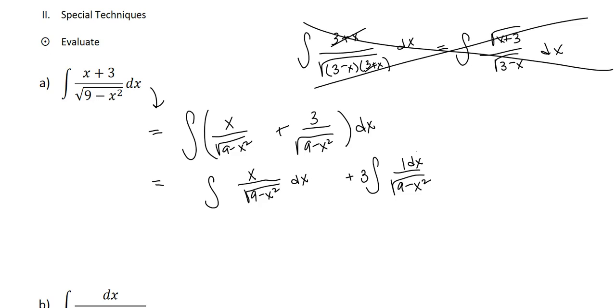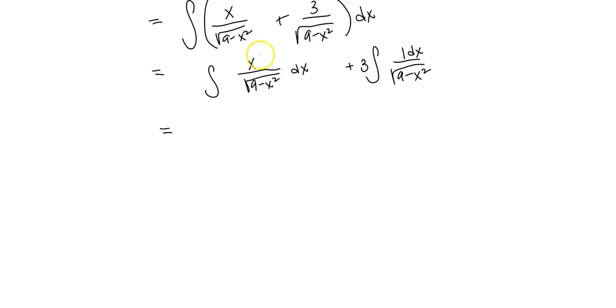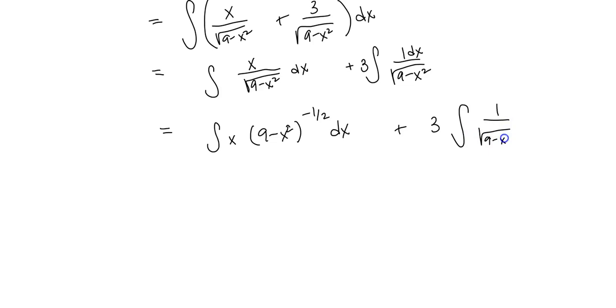Now the reason why I'm doing it this way is because this allows me to fit two different forms for my integrals. So notice if I have an x here, I don't have an x here, so this is going to be the inverse trigonometric function. This one, though, I could write as x times 9 minus x squared to the negative 1/2 power, and possibly do some kind of u substitution. So on the left-hand side over here, I've got 9 minus x squared, so if u is 9 minus x squared, then u prime would be negative 2x.